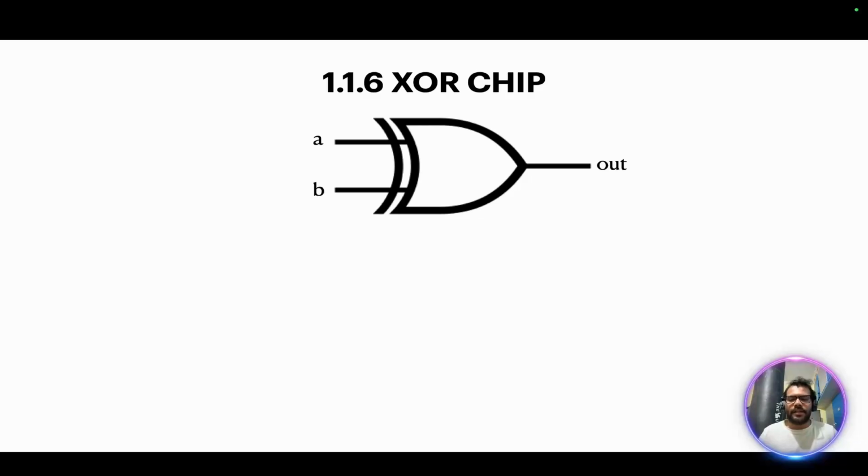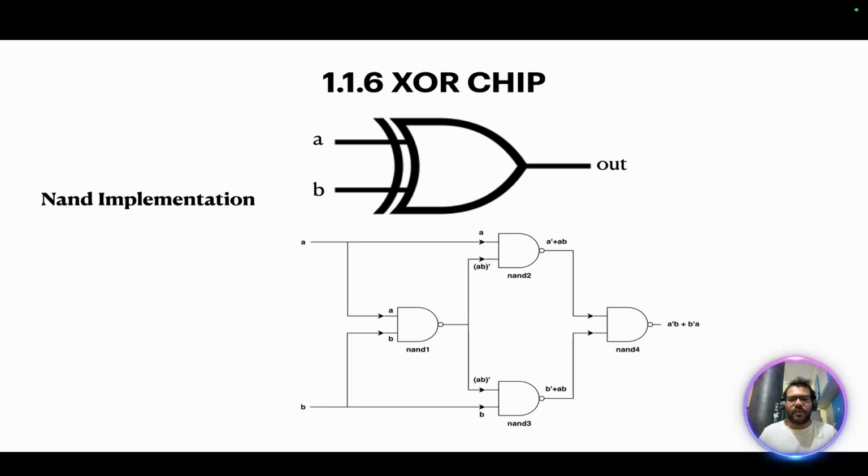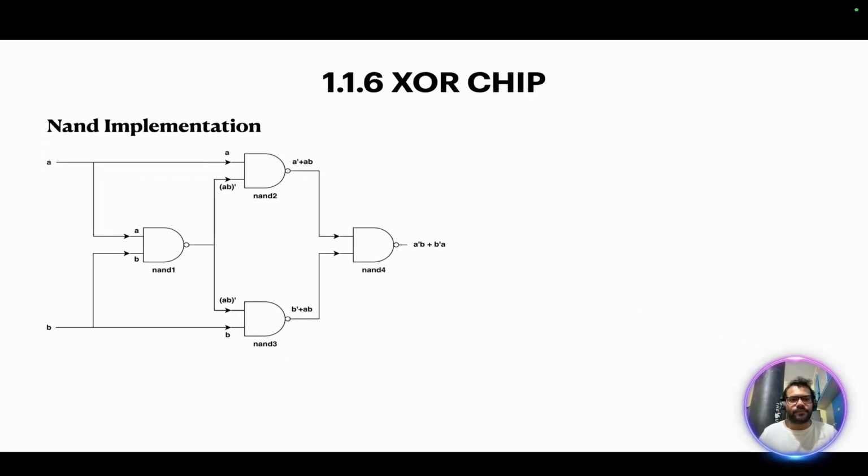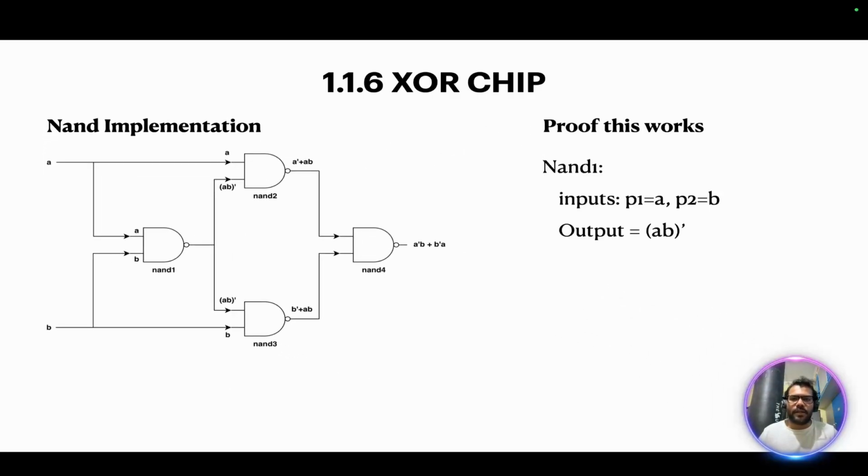Let's look at the NAND implementation. You have 4 NAND chips. Let's go ahead and prove that this in fact gives us the required logic. NAND 1 takes A and B as input and returns (AB) whole dash. NAND 2 takes A and the output from NAND 1 as input to give A dash plus AB dash.